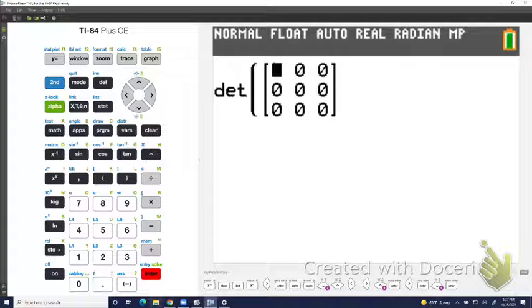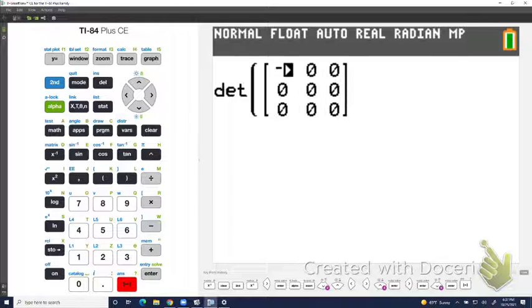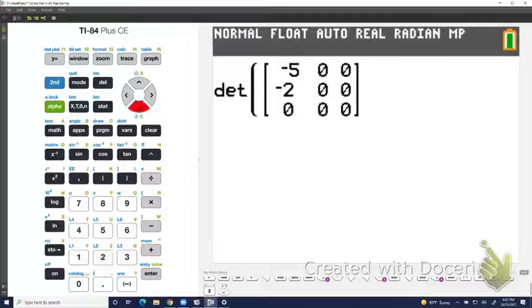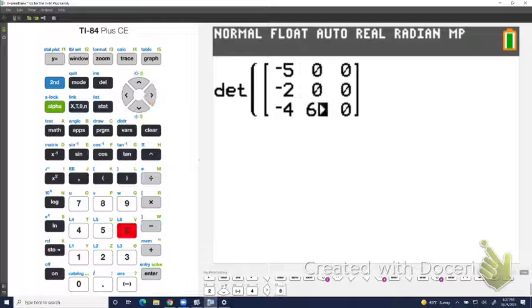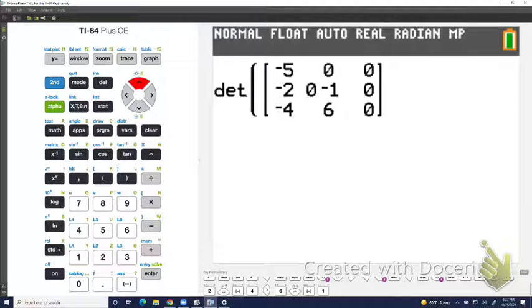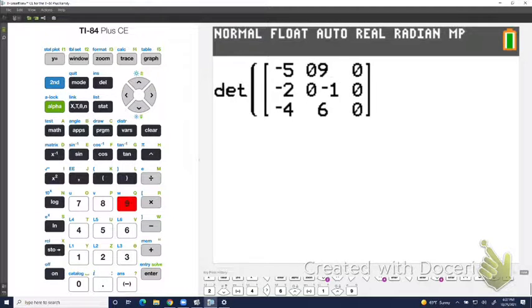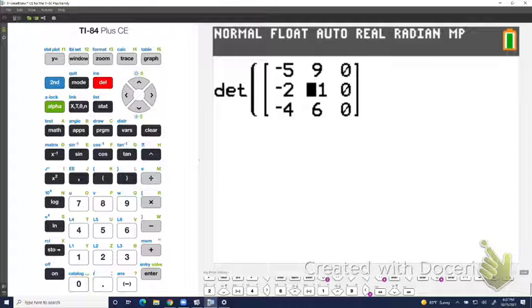And then we're going to enter the numbers in carefully. Remember, the negative sign is down at the bottom. So -5, you can arrow down to -2, -4. Bottom one was a 6, -1, a 9 at the top. I can press delete to get these zeros out of the way.